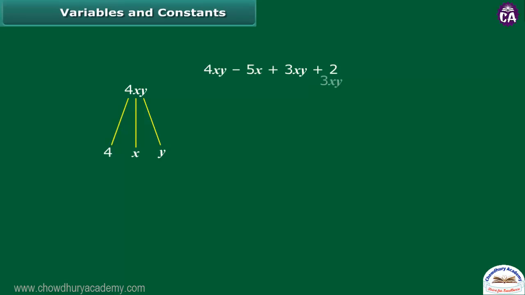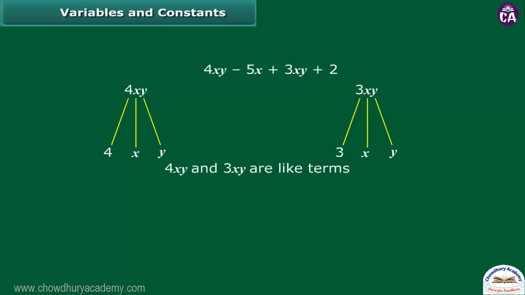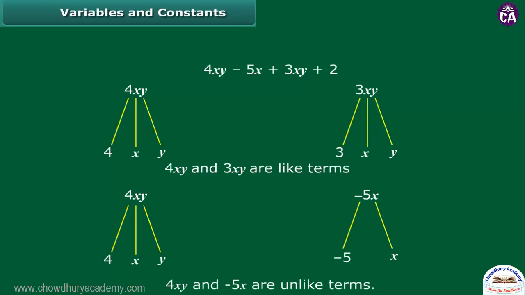Likewise, the factors of 3xy are 3, x, and y. So both the terms have the same algebraic factors, which means 4xy and 3xy are like terms. On the other hand, the terms 4xy and minus 5x have different algebraic factors. So, they are unlike terms.